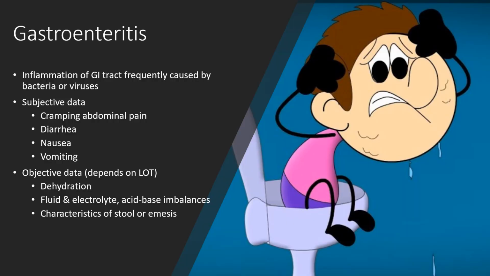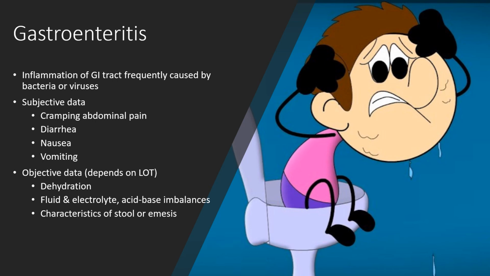Now, gastroenteritis is an inflammation of the GI tract frequently caused by bacteria or viruses, and sometimes caused by parasites. Subjective data includes cramping, abdominal pain, diarrhea, nausea, and vomiting. The patient can report the diarrhea and vomiting to you, but if you see it, then it becomes objective data.